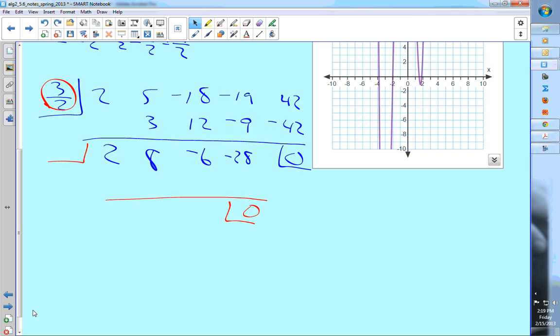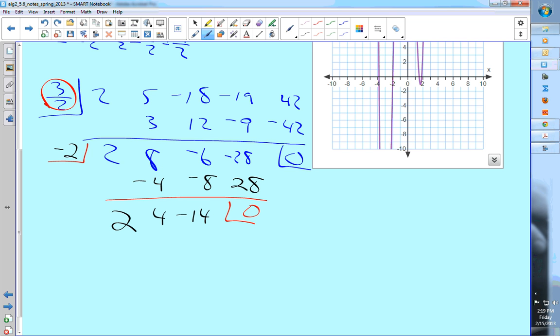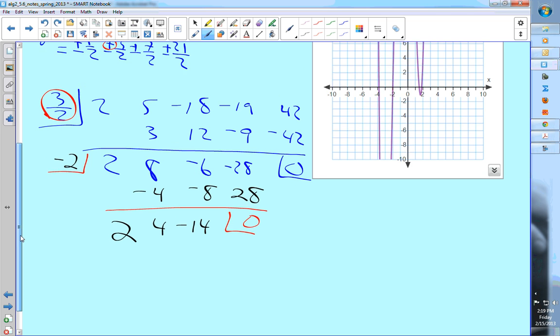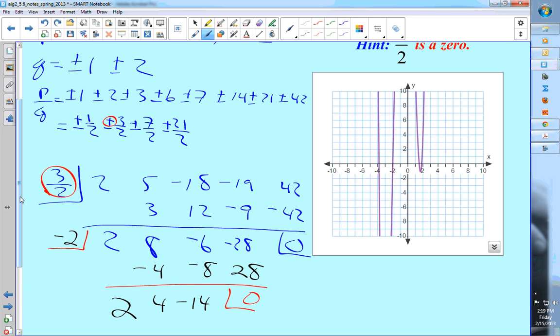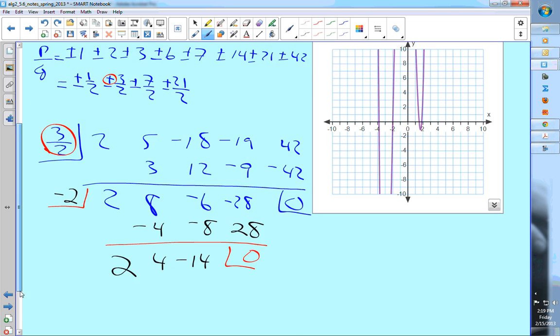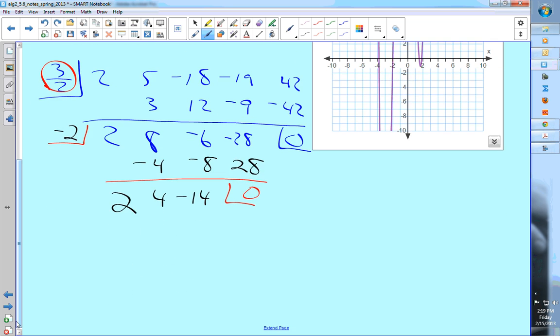And when we plug in negative 2 here, we have negative 4, 4, negative 8, negative 14, and lo and behold, 28. Now, you aren't going to have that luxury. You're going to have to just do guess and check until you get a winner. Once you've gotten to here, you now have 2 zeros.